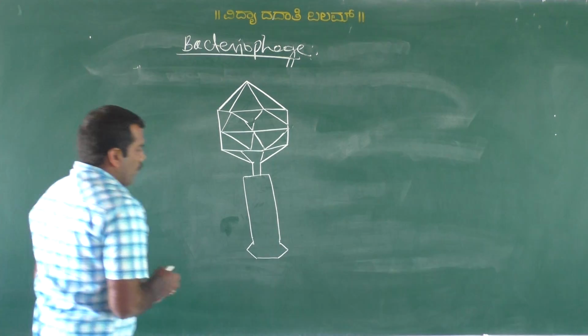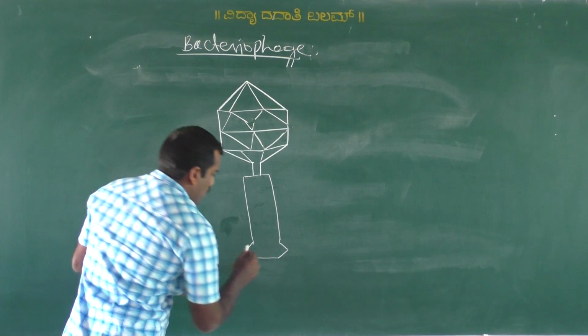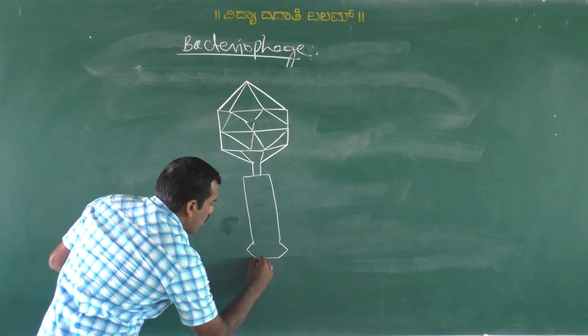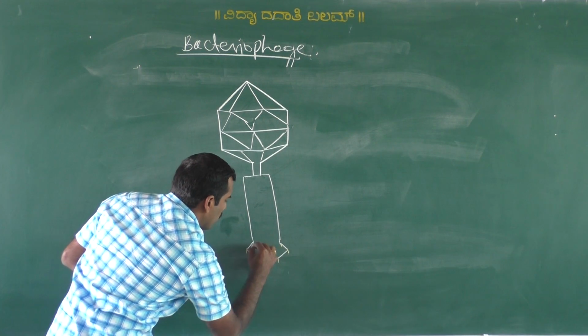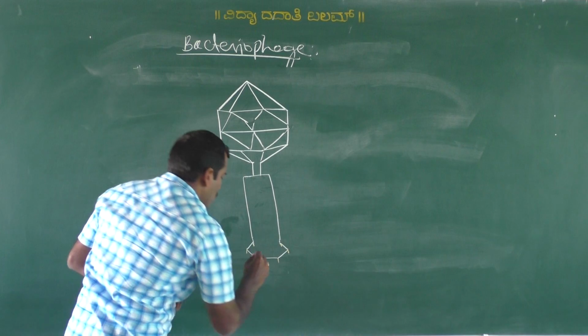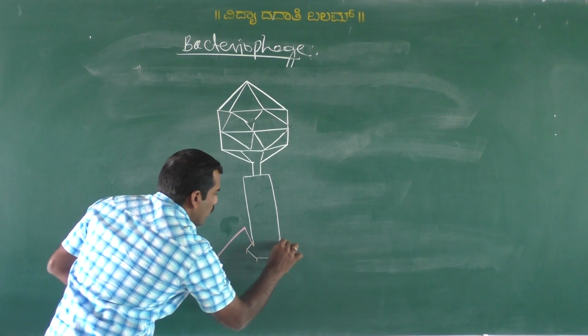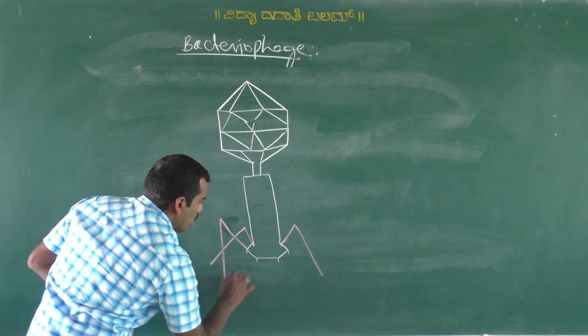Okay? This has spikes and also tail fibers like this.